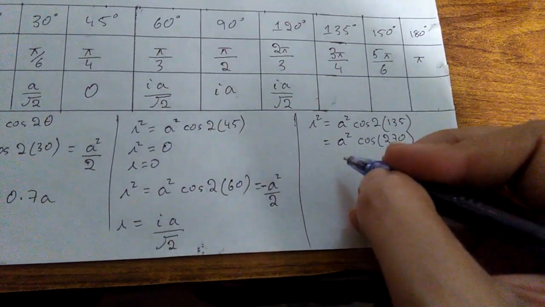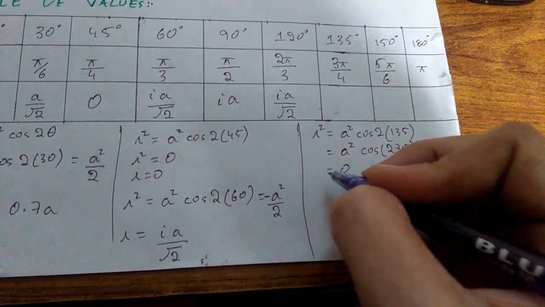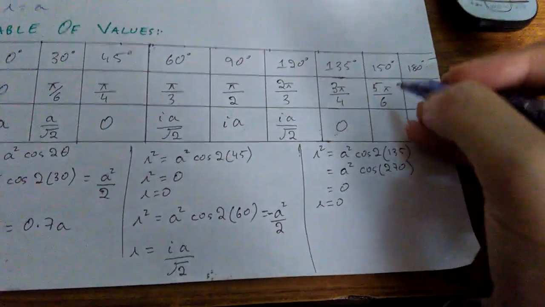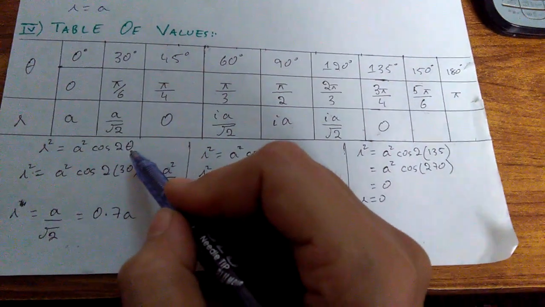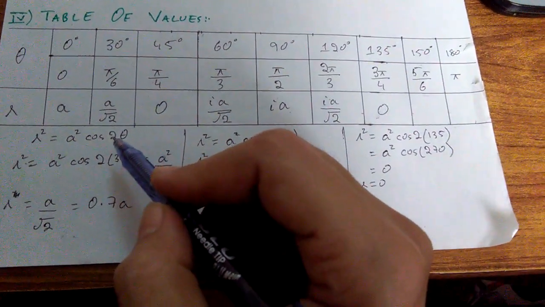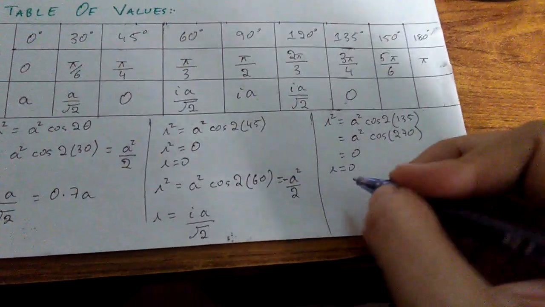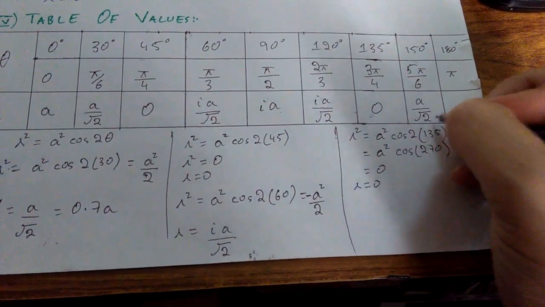Obviously, it comes on the negative y-axis. The cosine is 0 here, so the whole thing gets 0. So r is 0. You just write 0. That's it. Okay, similarly, you put your 150 at this position. It becomes 300. So cos of 300 is what? It is half. So once again, on taking square root, you're having a upon under root 2.